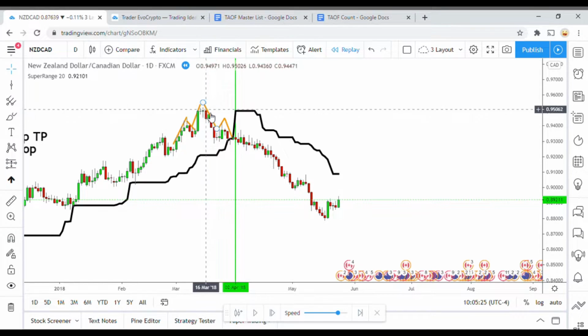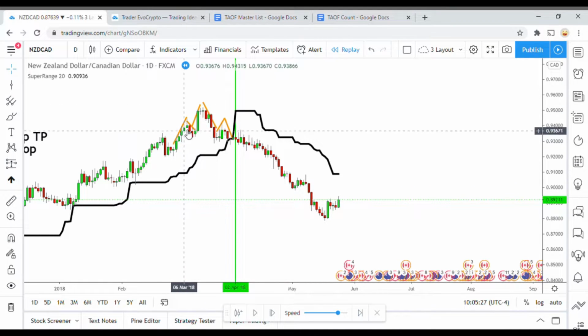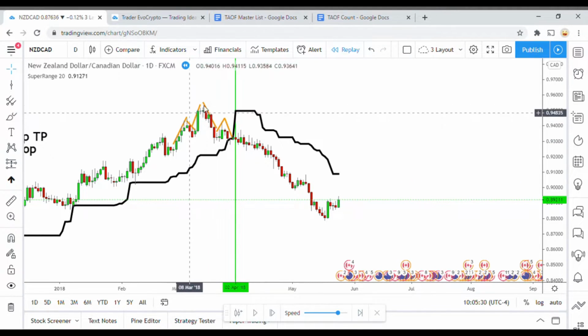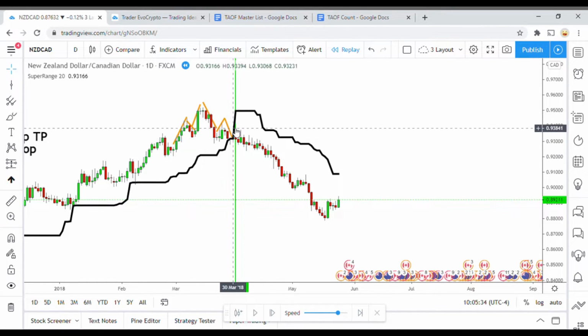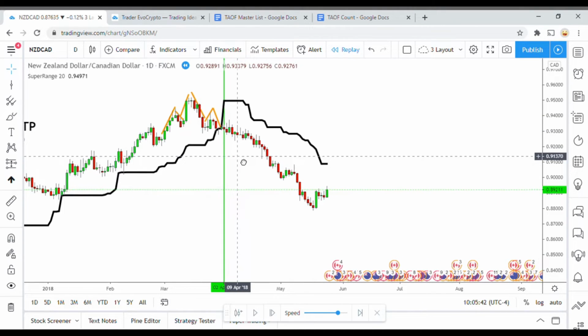Did we see price action weaken with a price action pattern formed? Yes, 1 point. Did we have an indicator that confirmed the trade? Yes, 1 point.